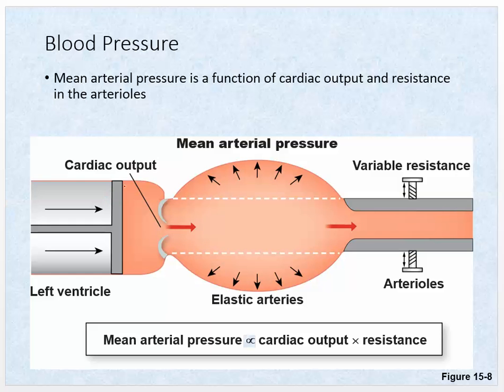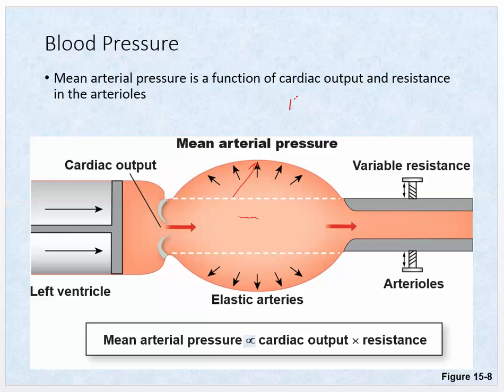Okay, so we have this constant cardiac output, and we've seen this slide before. We have this constant cardiac output, this pushing out, and then it maintains some certain level of pressure. And so we call the average of the maximum pressure and the minimum pressure the mean arterial pressure.